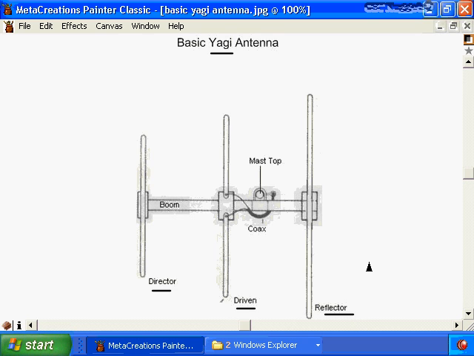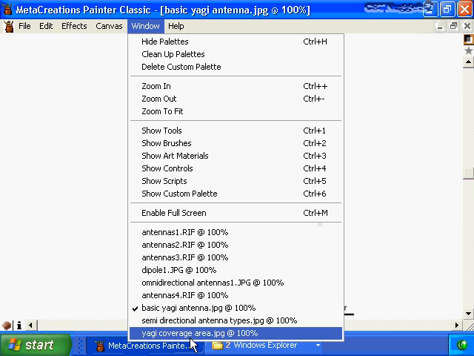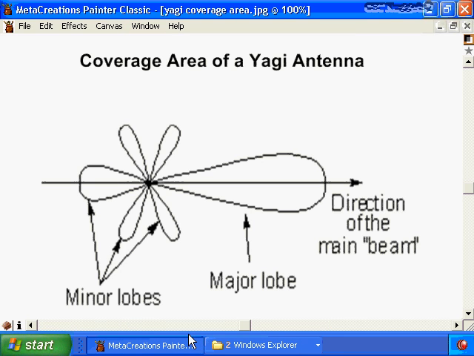We can see that by bringing up another whiteboard which illustrates the coverage area for a typical Yagi antenna. In this illustration, we see that the majority of the radio frequency energy emitted from a typical Yagi antenna is going in the forward direction. This radio frequency energy going in the forward direction is referred to as the major lobe.